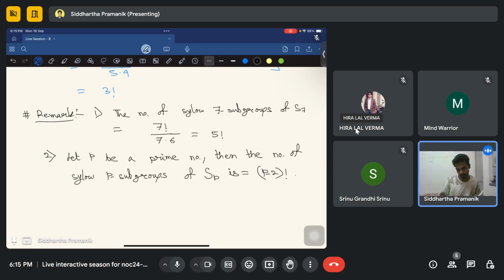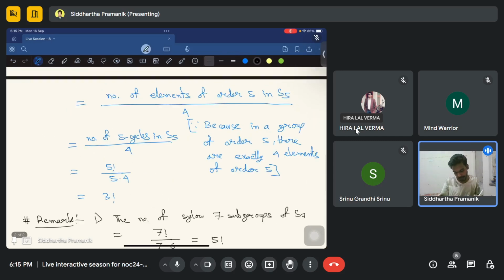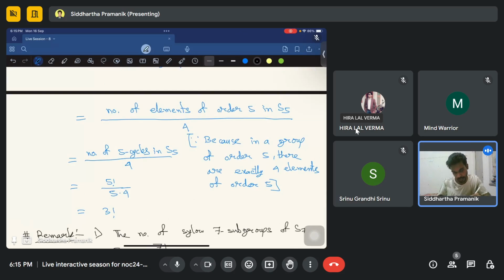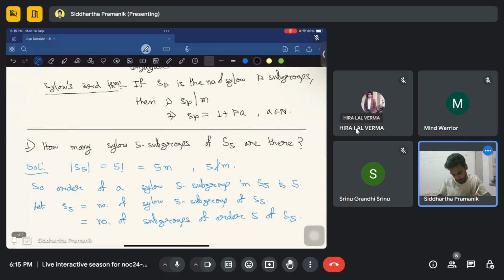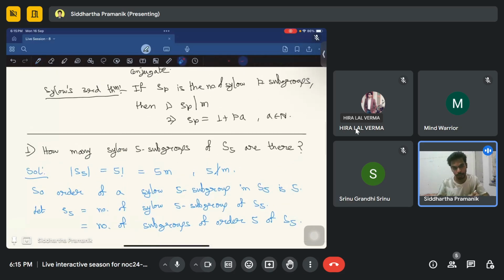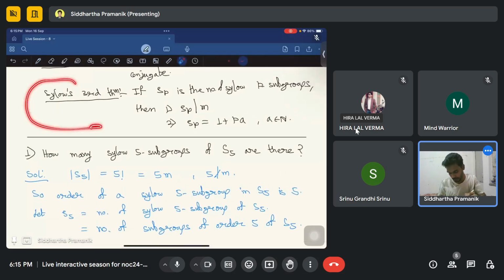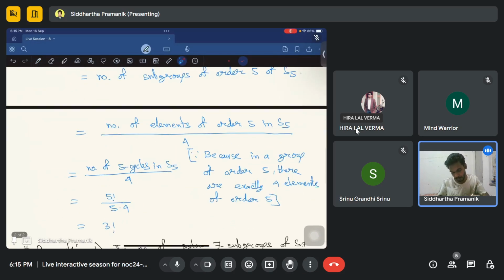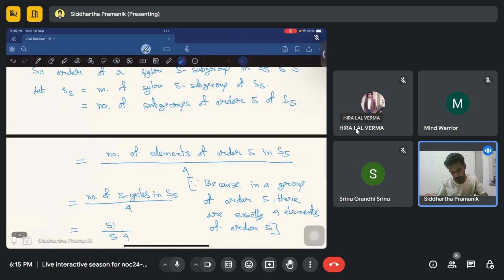You can try to prove it in a similar manner, because nothing has to change. Basically I want to say that we don't have to use Sylow's third theorem here, because we can count the total number of subgroups manually.